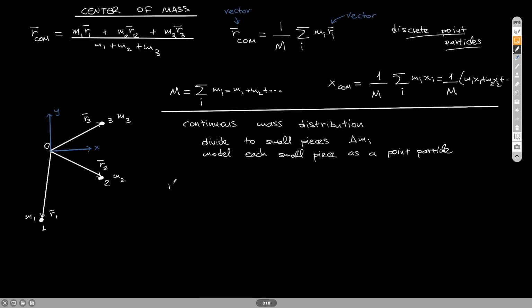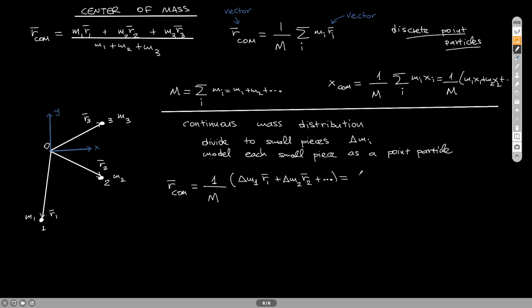So now the equation for the center of mass becomes 1 over the total mass, and I have the first small piece that has a mass of delta m1 times r1 plus the second small piece that has mass delta m2 times r2, and so on, until I have the contribution from all small pieces of the mass distribution.